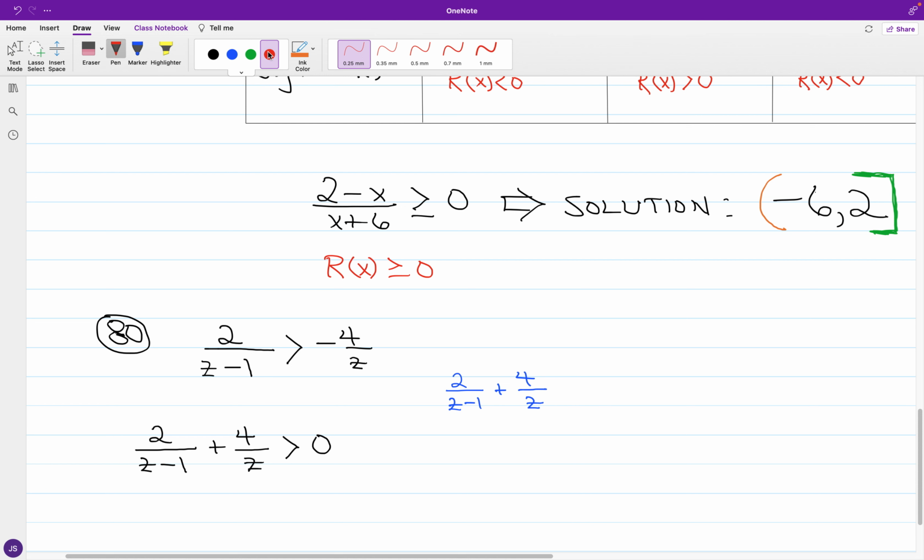If I'm looking at combining the ratios, we're going to put in terms of the least common denominator, which in this case is going to be z times the quantity of z minus 1.